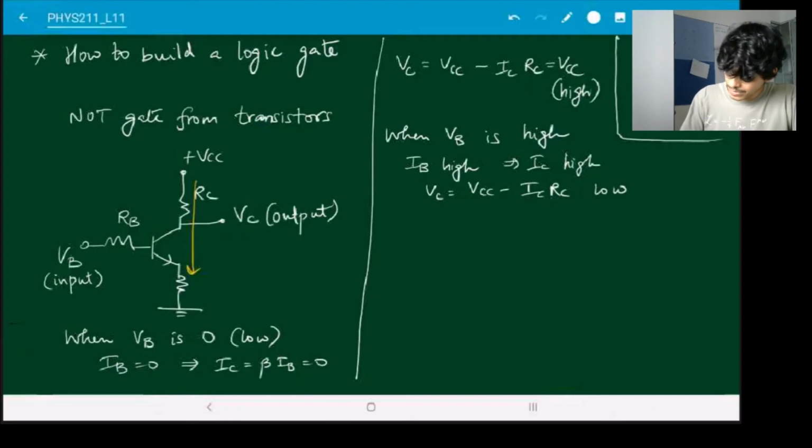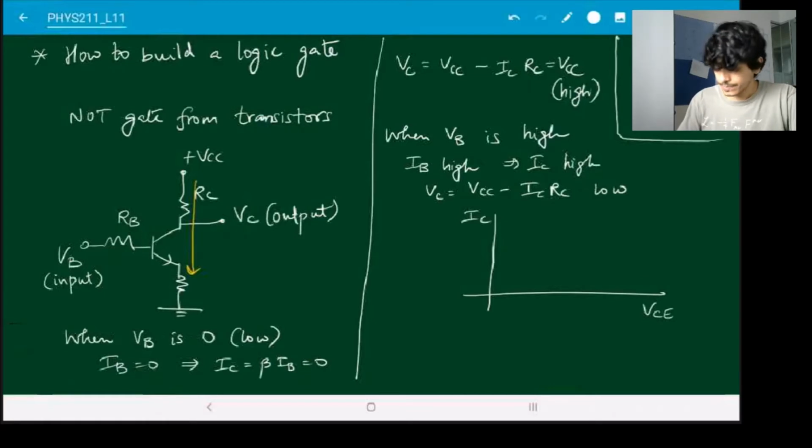Basically, what is happening is, if you remember, we used to plot VCE over here and IC over here, the diode characteristics. And we had curves that look like this for different values of IB.